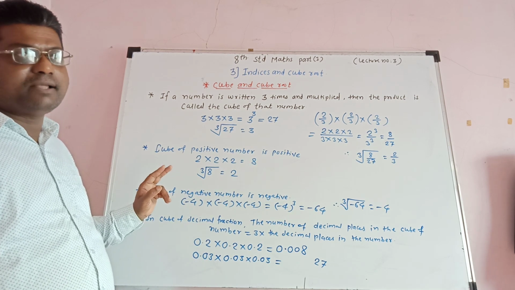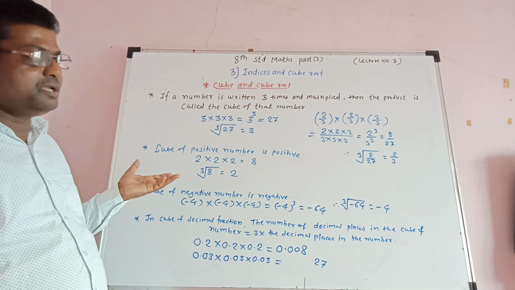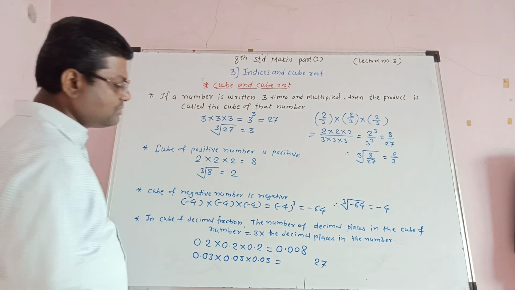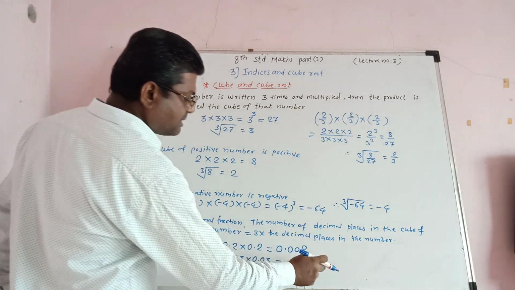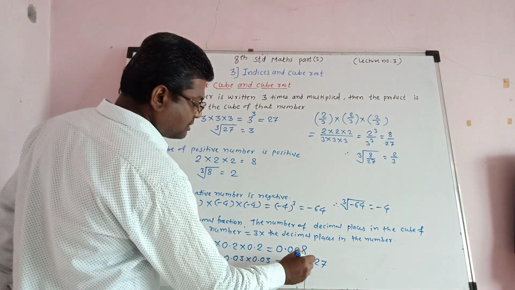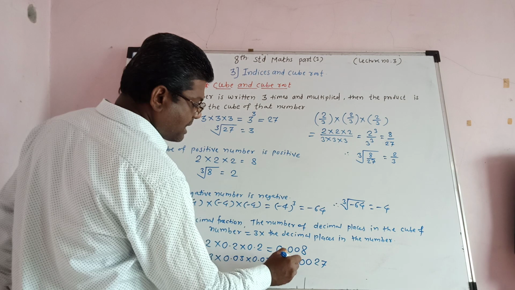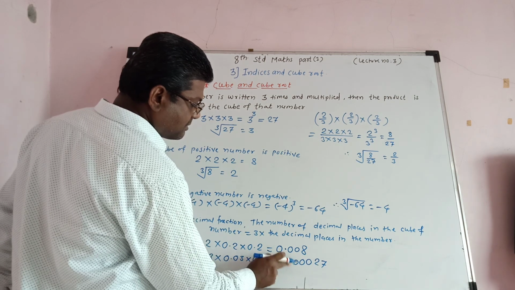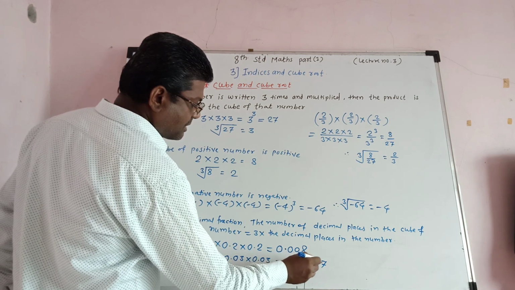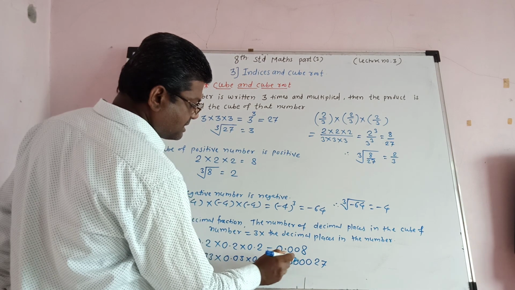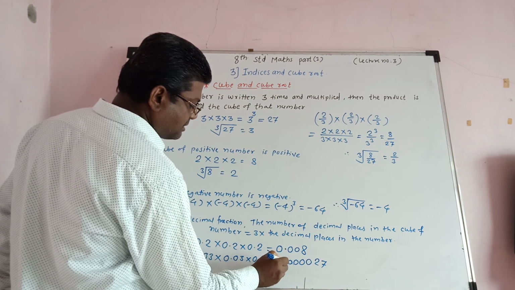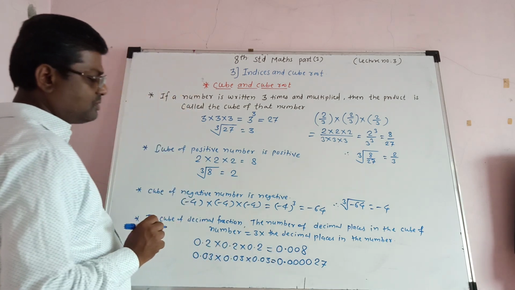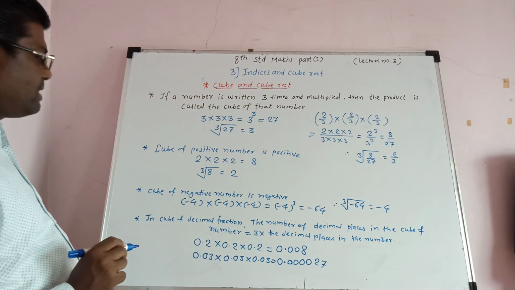Multiply this 2 by 3, it will be 6. So leave 6 places from the right to left: 1, 2, 3, 4, 5, 6. And here we write 0.000027.